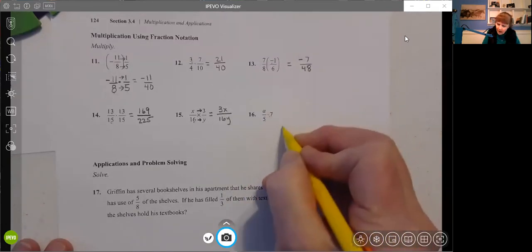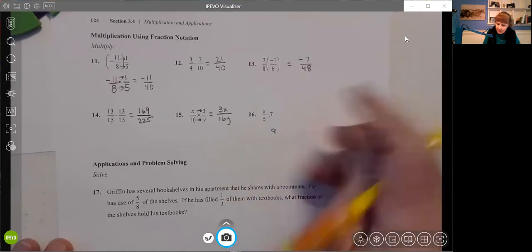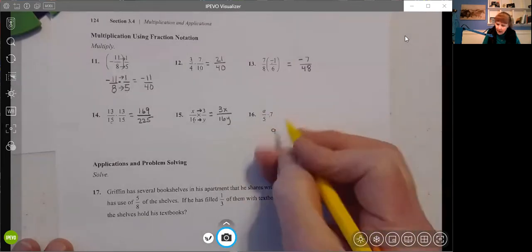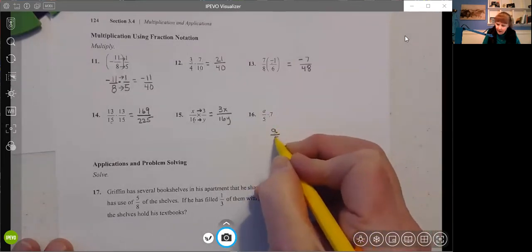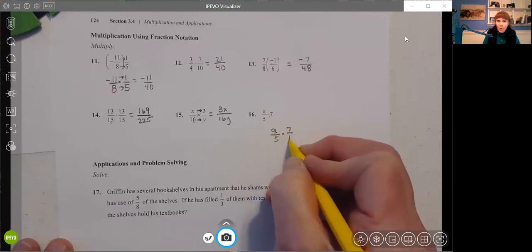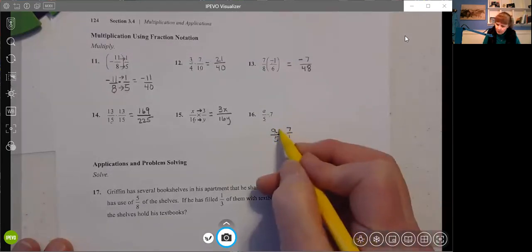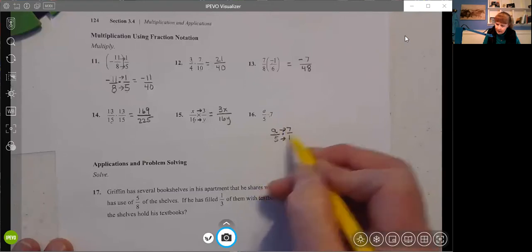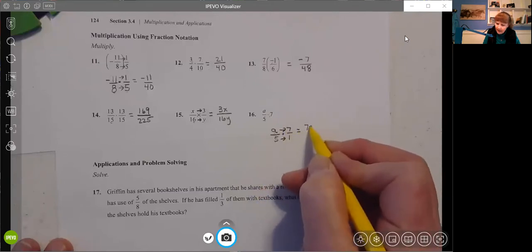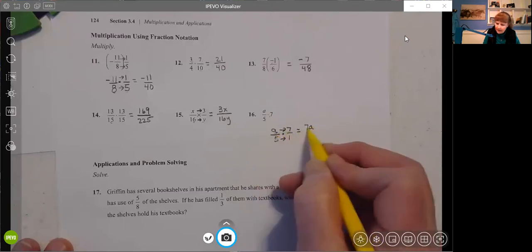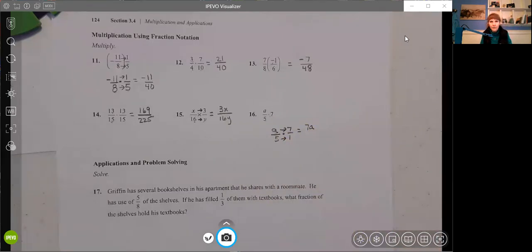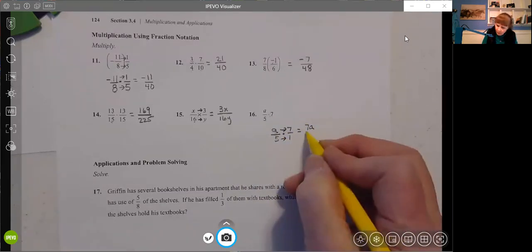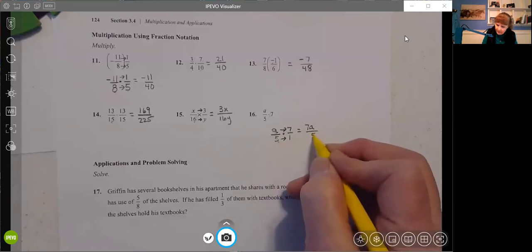So here I would have a over 5 times 7 over 1. And you multiply straight across. 7 times a is 7a. Notice we put the number in front of the variable. Over 5 times 1 is 5.